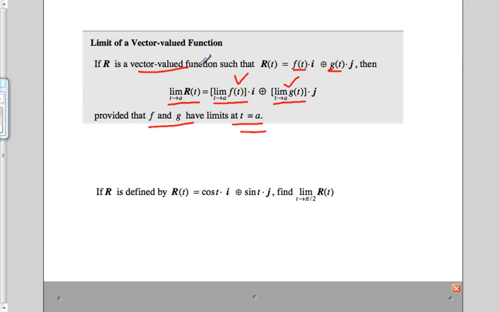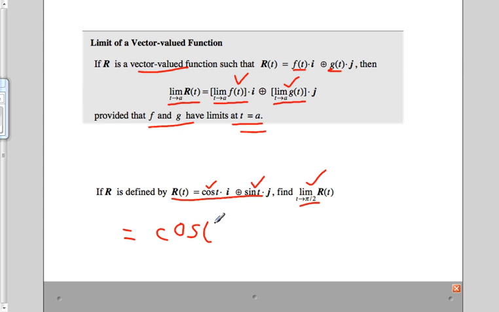So for example, let's do this problem here. We've got some function r of t, which is defined as cosine of t in the i direction, plus sine of t in the j direction, and we want the limit as t approaches pi over 2. Well, this is a pretty easy limit to find because both of these functions are continuous everywhere. So the limit as t approaches pi over 2 is the same thing as just the function evaluated at that point.